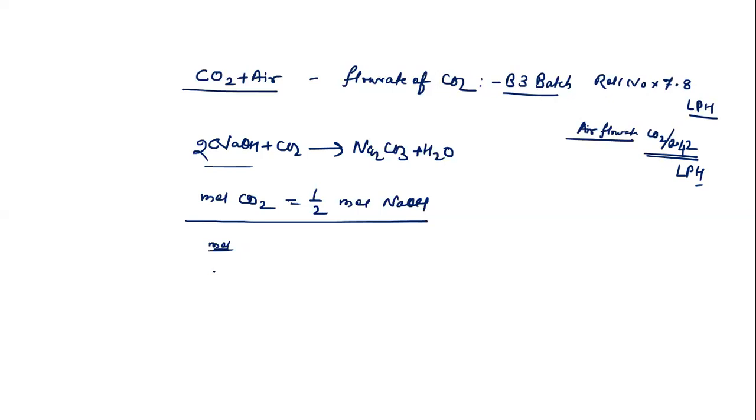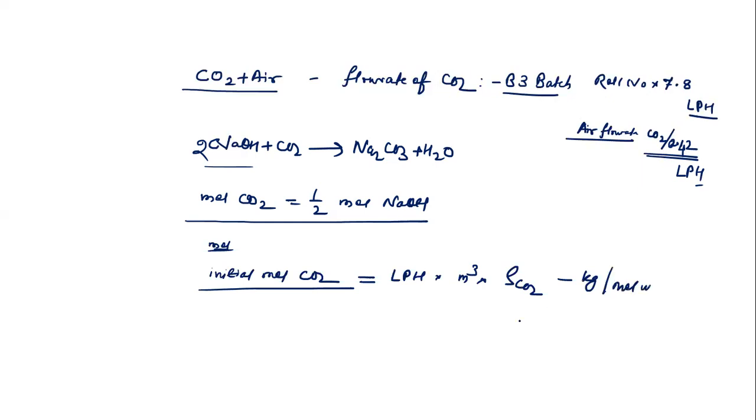We know initial mole of CO2 in a mixture. How is that? You have liter per hour. Convert that into meter cube. Multiply with density of CO2, which will give you kg, divided by molecular weight, to give you kilomole. So we know kilomole of CO2 coming in, and we know mole of CO2 absorbed.